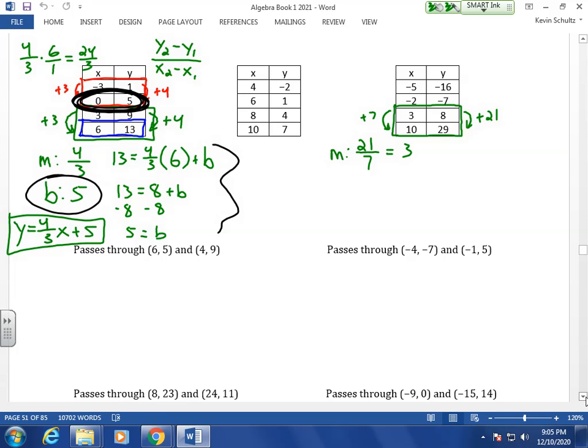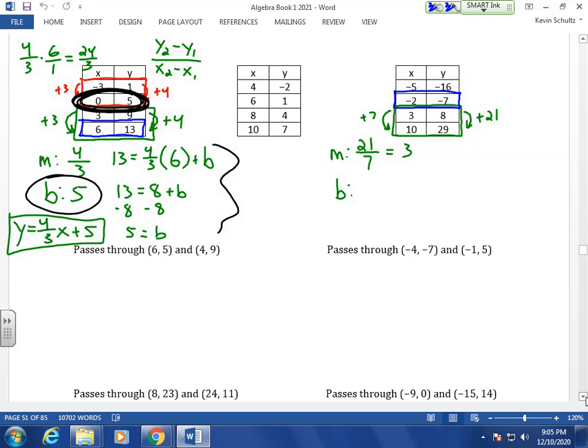Now to find the b, the y-intercept, looking through my ordered pairs, I don't see an x value of 0. So now I'm going to have to pick an ordered pair to plug in, just like we did in the top section on this page, and solve for b. It's okay to be a little negative sometimes, I suppose.